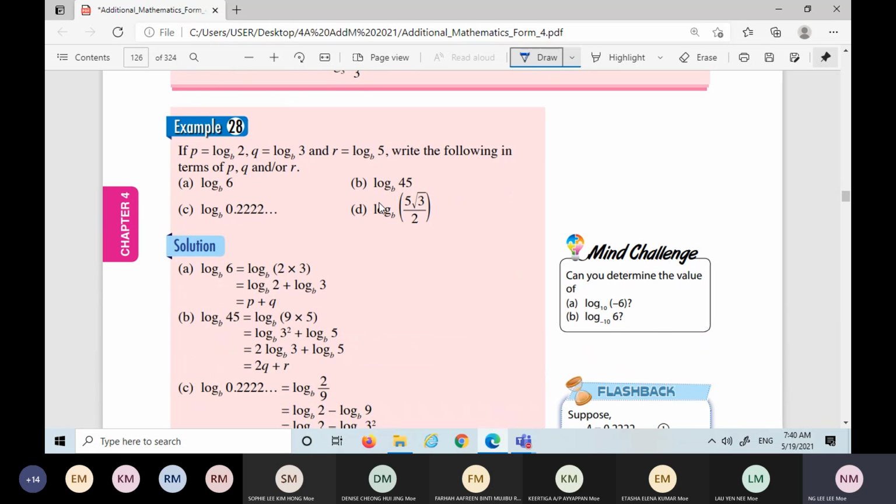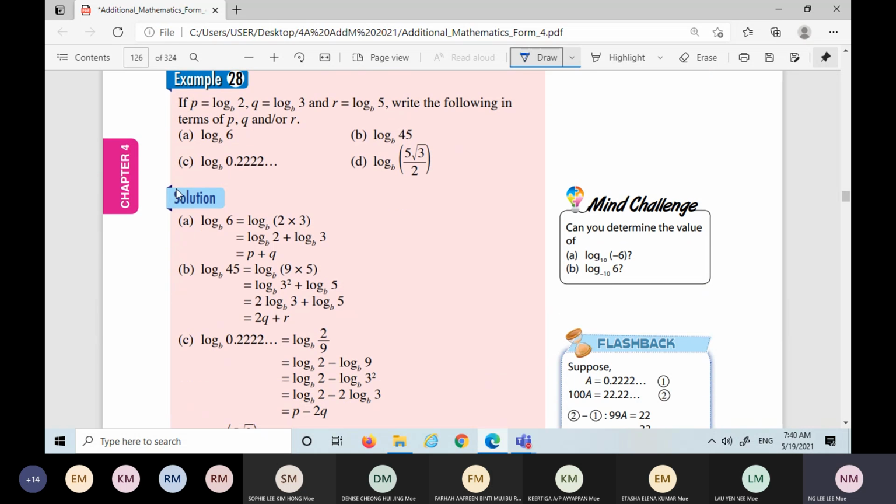Now we go to example 28. If P is log base b of 2, Q is log base b of 3, and R is log base b of 5, write the following in terms of P, Q, and R. So, same as that day, you have to try to relate these numbers with 2, 3, and 5.